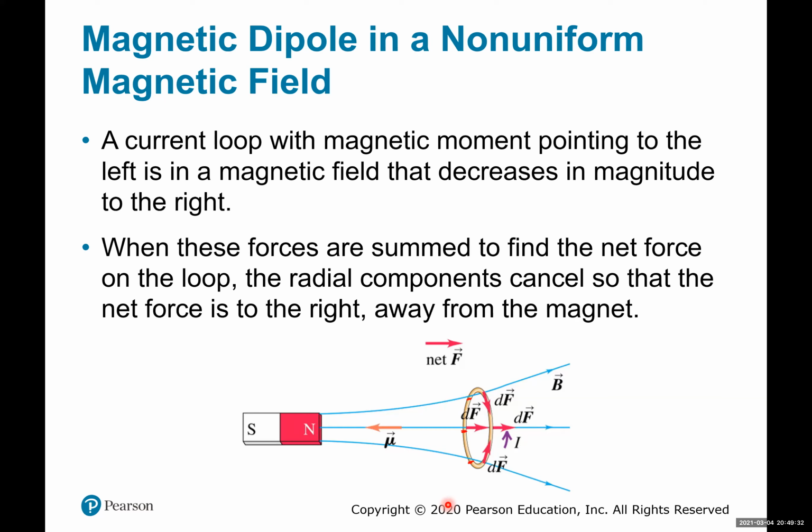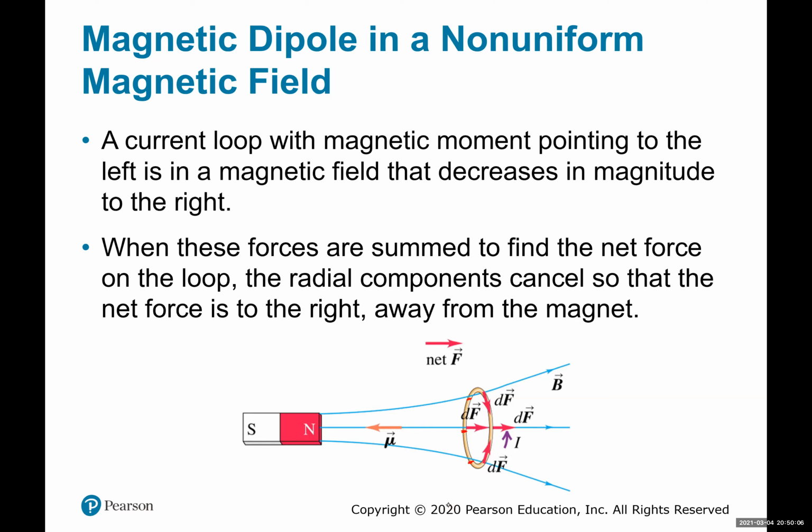So I hold my fingers this way, and the dipole moment points to the left as advertised. Even though it kind of looks in the picture like it's going to the right, it's not. The current goes up in front of our face and then down beyond. So we follow that with our hand, and my thumb points to the left on the page. So as labeled, the magnetic dipole moment of the loop points to the left.